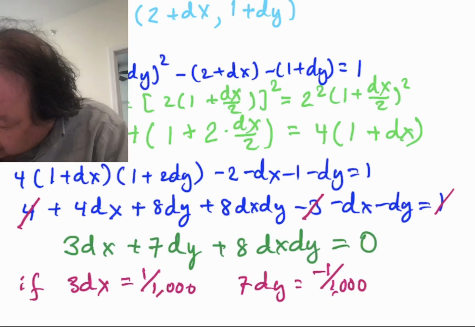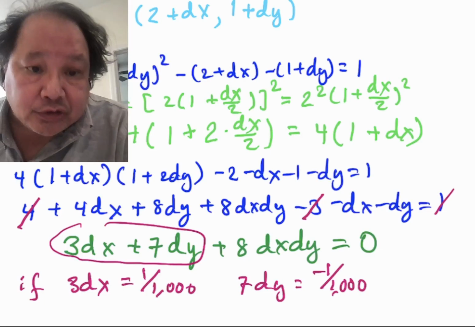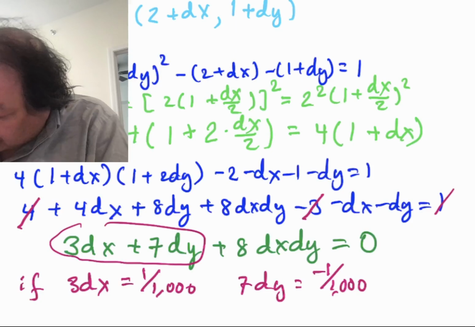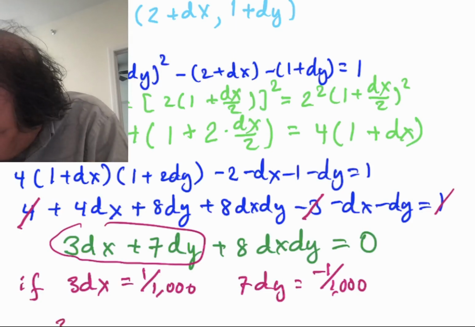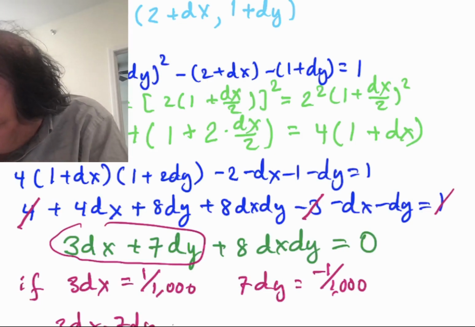First we see that these first two terms with these values set would cancel out to be 0. And then we see the very nice thing that 3 dx times 7 dy, since they're 1 over 1,000 and minus 1 over 1,000, is equal to minus 1 over 1,000,000.